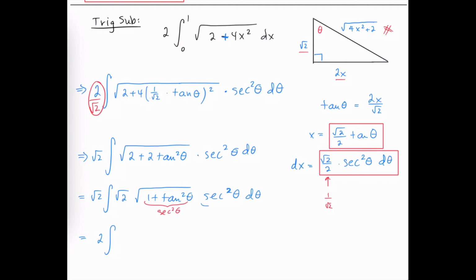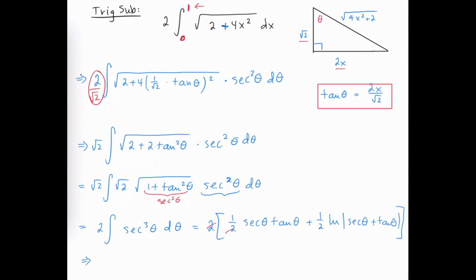Secant multiplied by secant squared is now secant cubed. Now the integral of secant cubed is one that I have to look up every time. It's 1/2 secant theta tangent theta plus 1/2 ln of the absolute value of secant theta plus tangent theta.